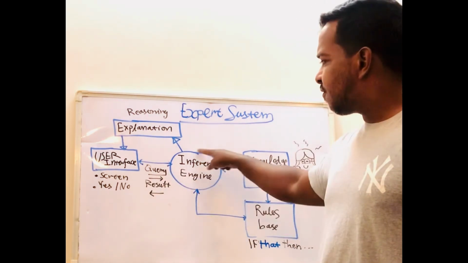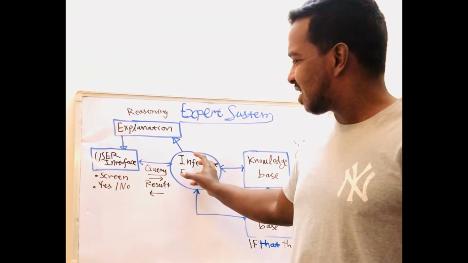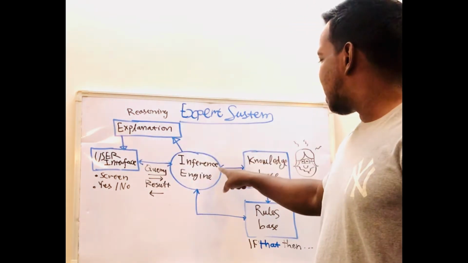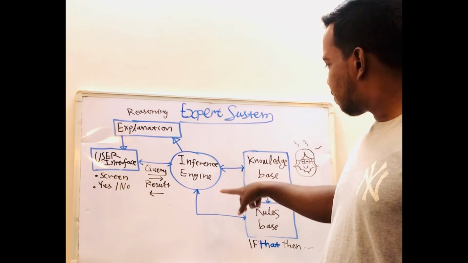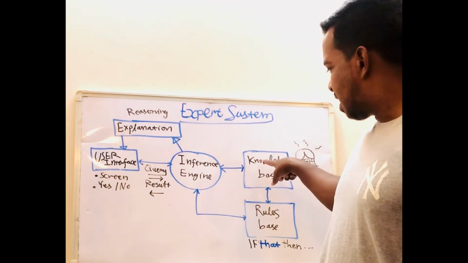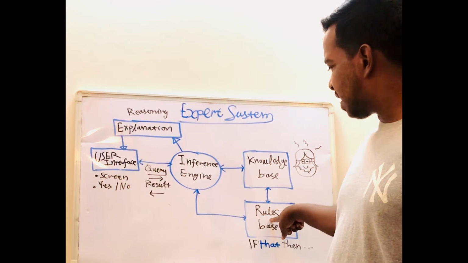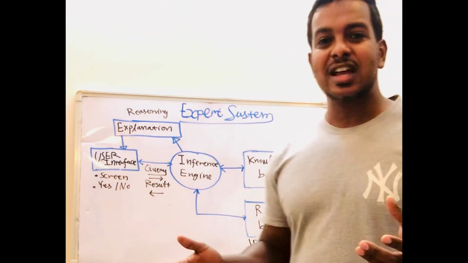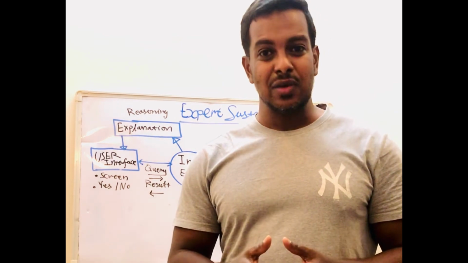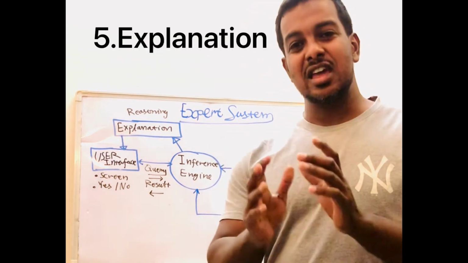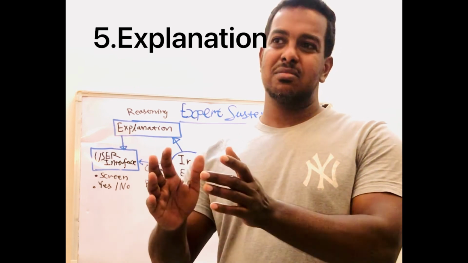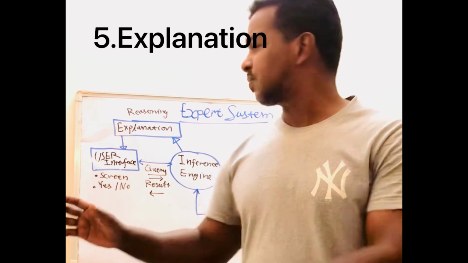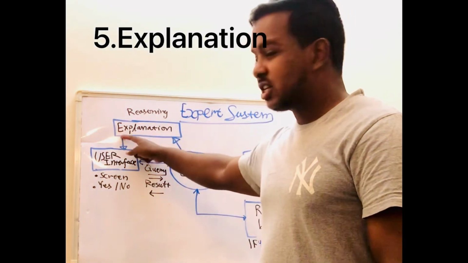So the inference engine is a search engine. It takes your input from the user interface and searches all over the knowledge base, and then it retrieves this information from the rule base, and the inference engine can create the explanation for you. For example, an explanation like, hey, you may have maybe a flu, please go and drink water and take a rest. This is the reasoning.